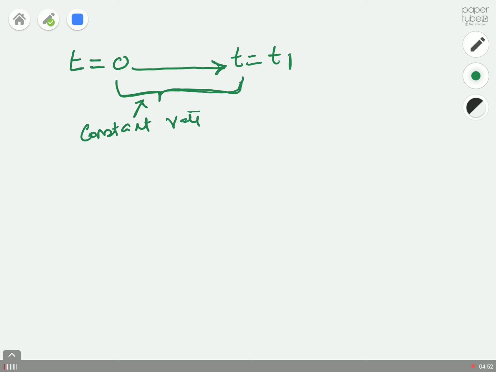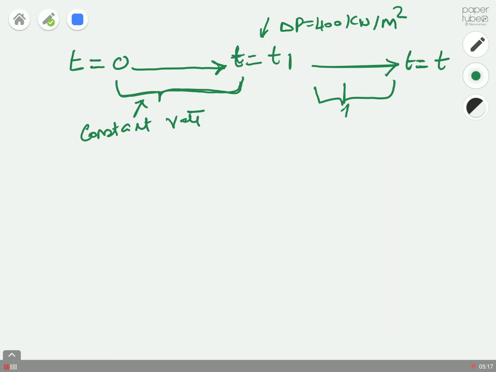Once you reach t equal to t1, your delta P reaches 400 kilonewtons per meter square, and from t equal to t1 until t final, the end of your filtration, we operate the filtration unit at constant pressure.